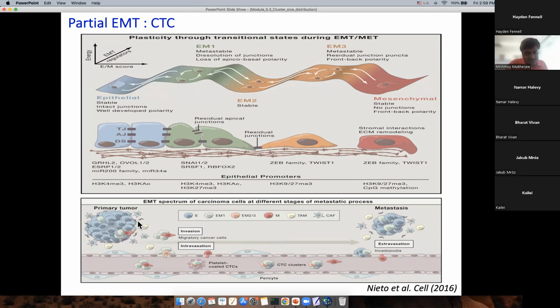Cells from this can be released as single cells and also as clusters. A single cell is more mesenchymal in nature, while if released as a cluster, it has a hybrid kind of nature. After that, these cells enter the circulation and go through the other processes of metastasis.